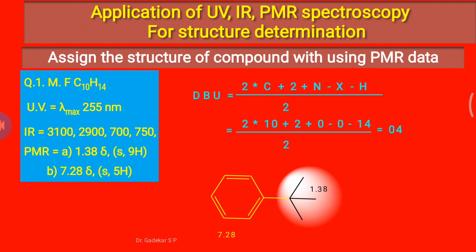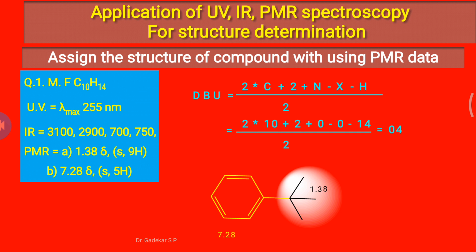Why? Because these 9 protons are a singlet. It means there are 3 CH3 groups present, but they have no neighboring protons. That's why they are a singlet.